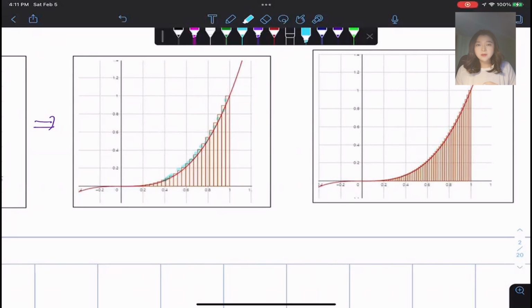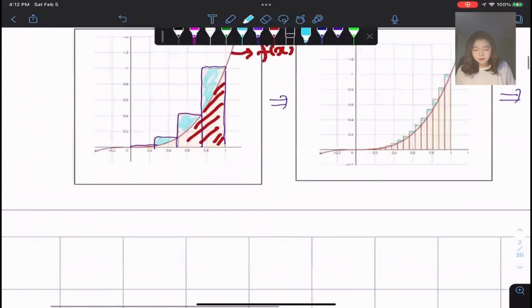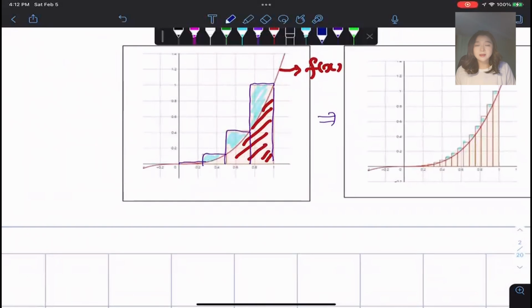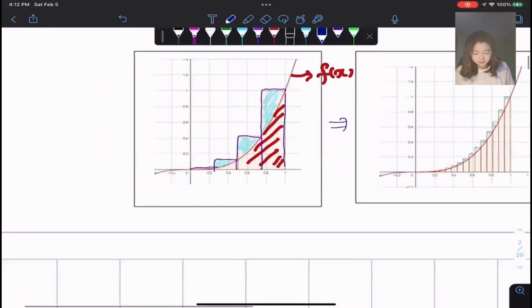Then the difference between the original area and the added rectangles was almost 0. So the king was satisfied with this result. Let's follow his method.